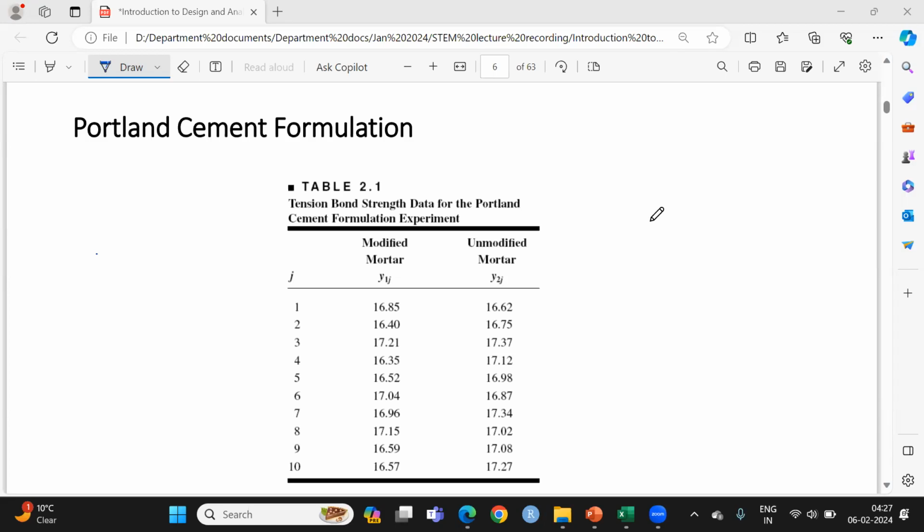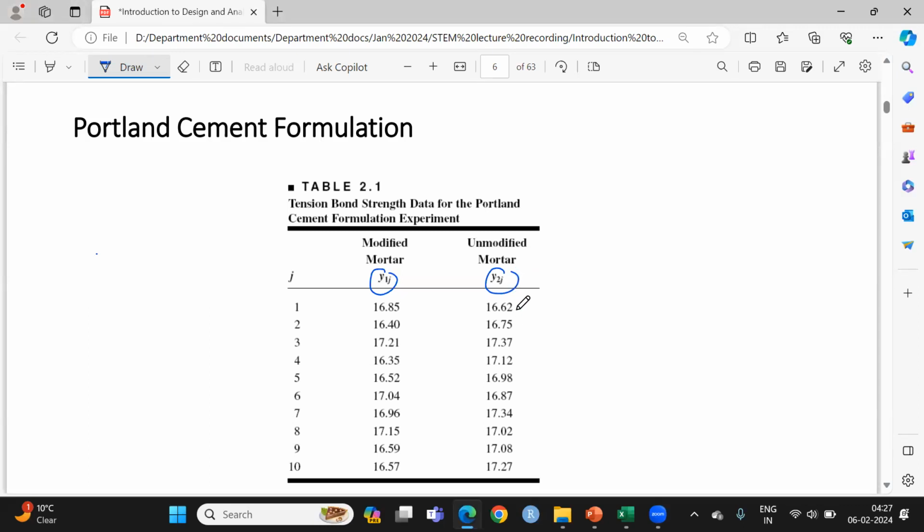So we were discussing one example in which we have response variables y1j and y2j, where y1j represents the values corresponding to modified mortar, and y2j has the values corresponding to unmodified mortar.